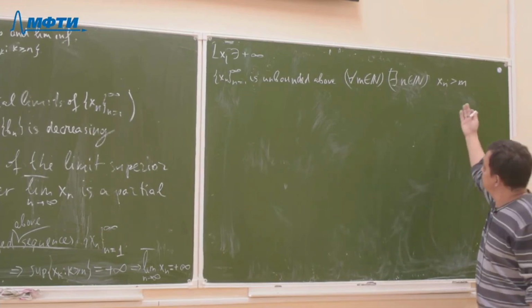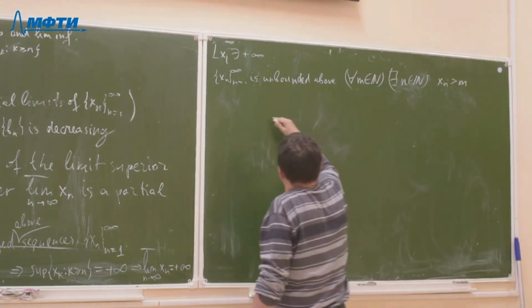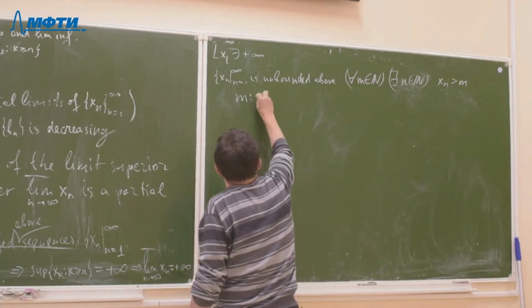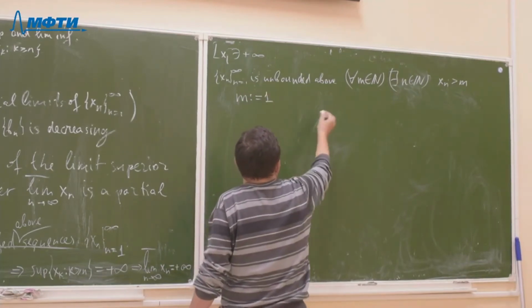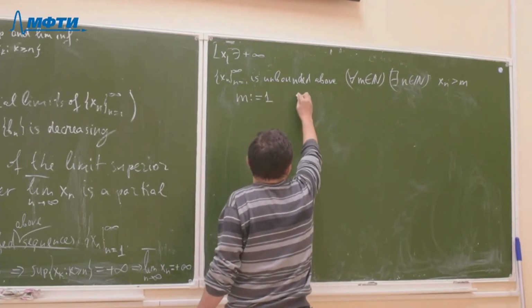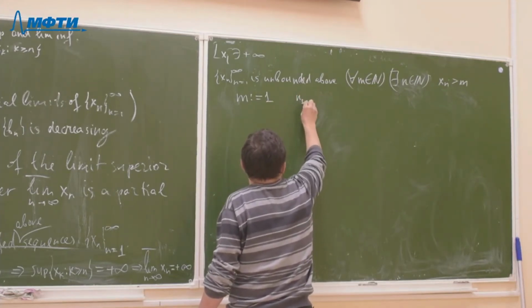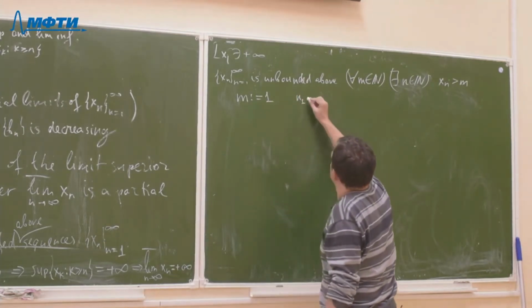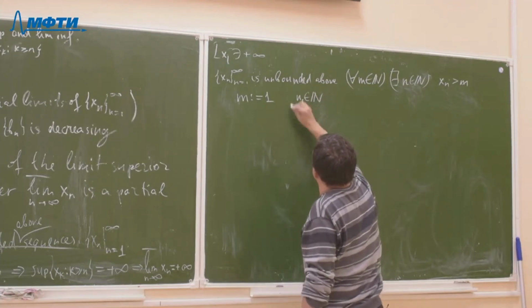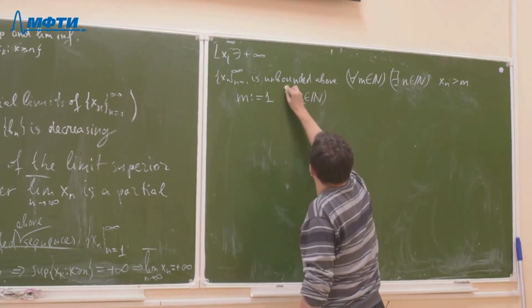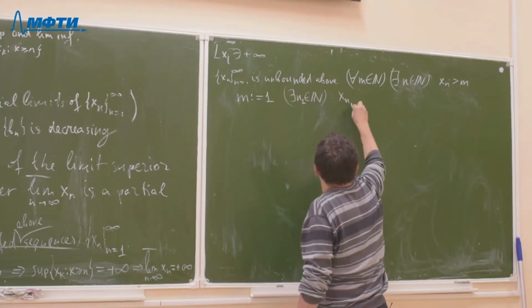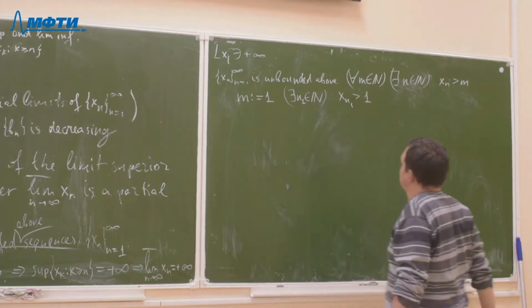Which sequence? Just take m equals 1. Then there exists n, I'll write it n1, such that x_n1 is greater than 1, right?